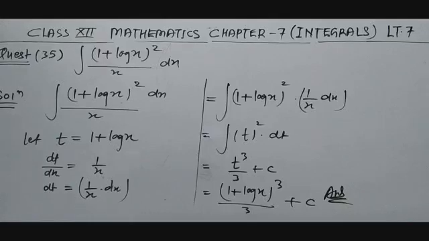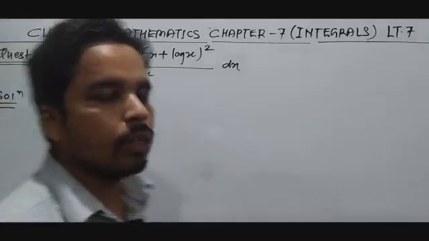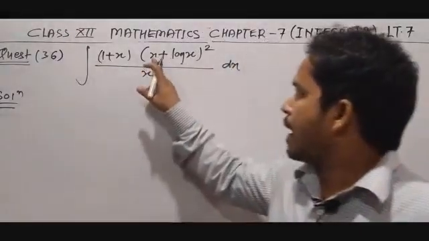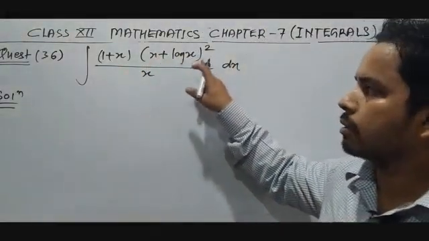Now come to question number 36. Question number 36 is the integration of (1 plus x) into (x plus log x) whole square whole upon x dx. Now in this question, first of all you will see that x plus log x is a function whose differentiation is 1 plus 1 by x.